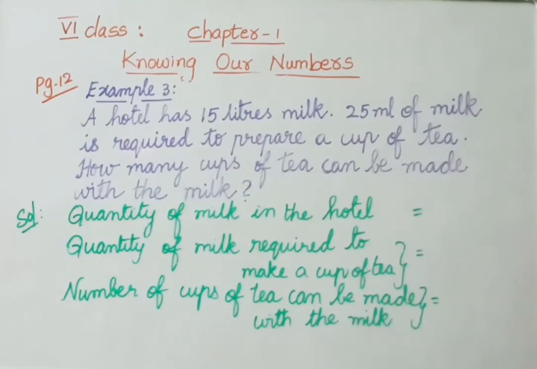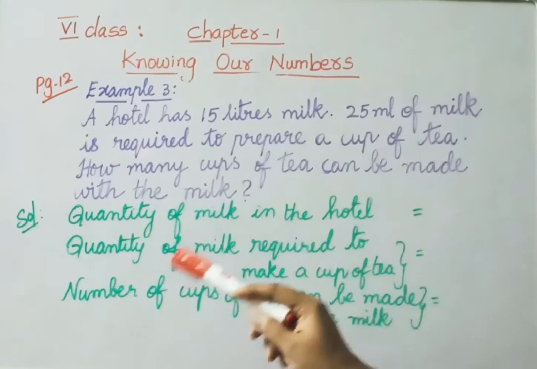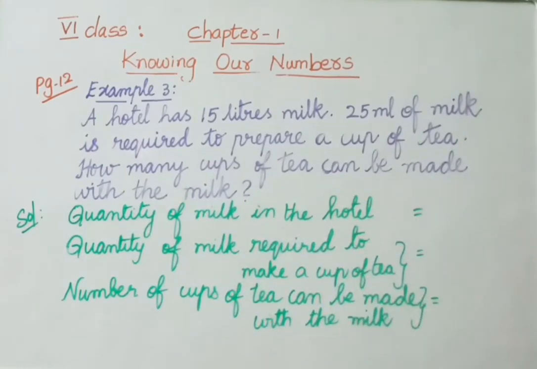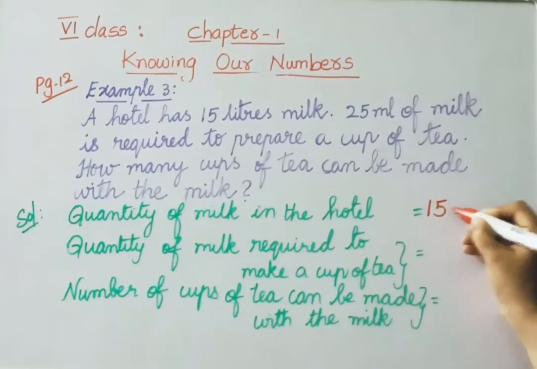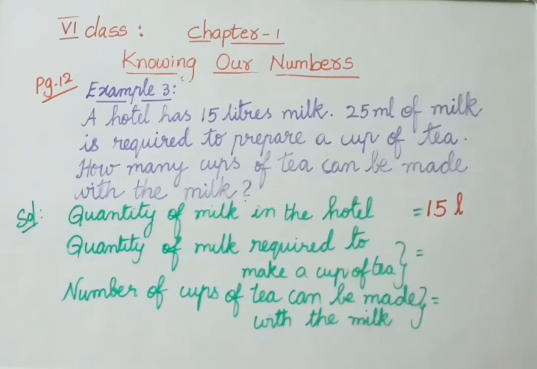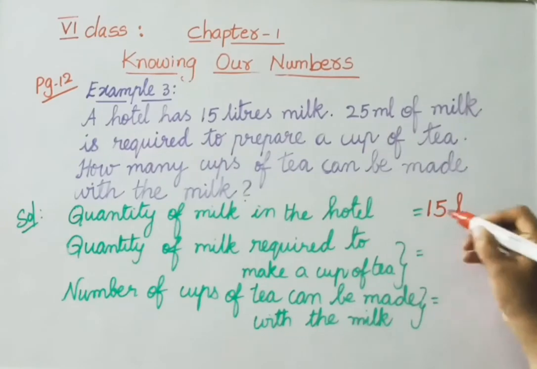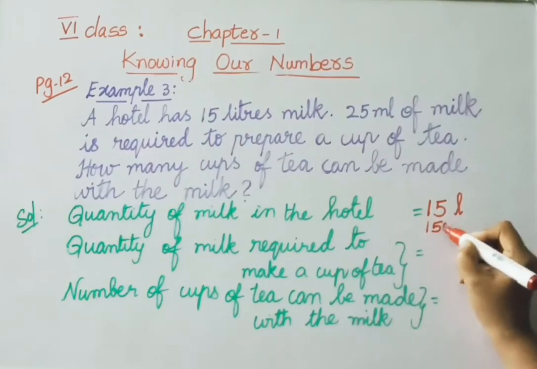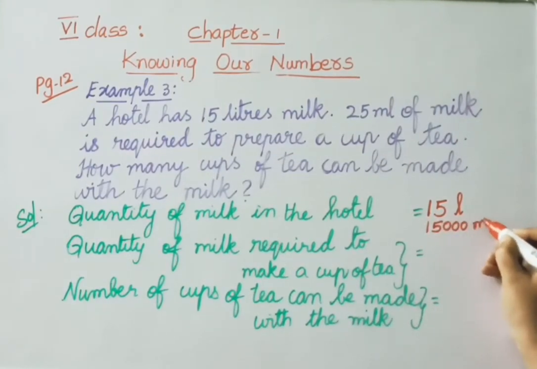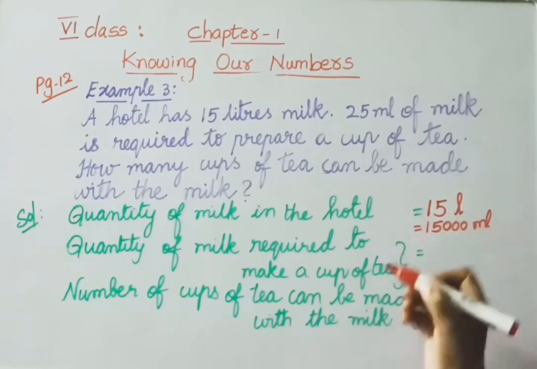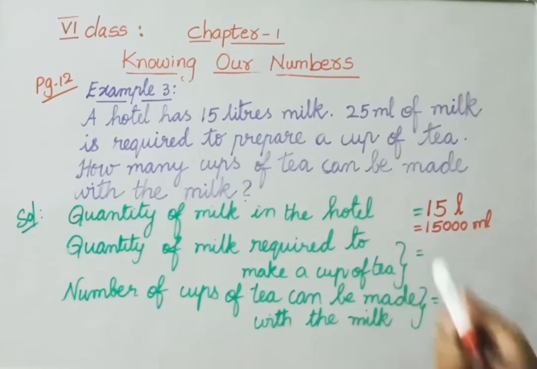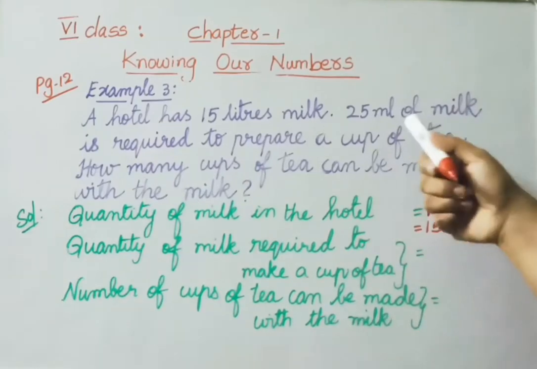See the solution now. Quantity of milk in the hotel, that is 15 liters. 1 liter means 1000 ml. So 15 liters means 15 into 1000, 15,000 ml. Now quantity of milk required to make a cup of tea, 25 ml.